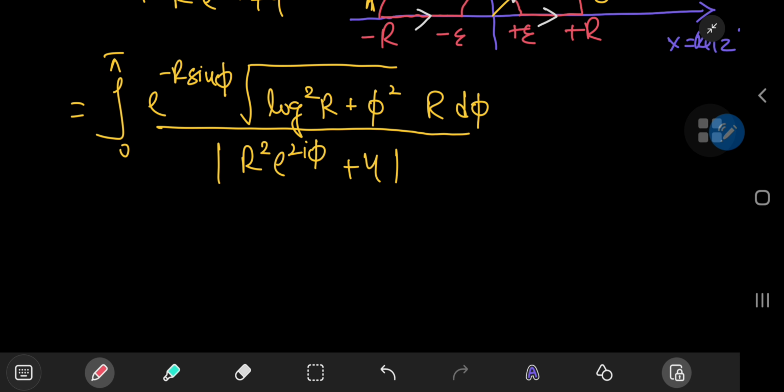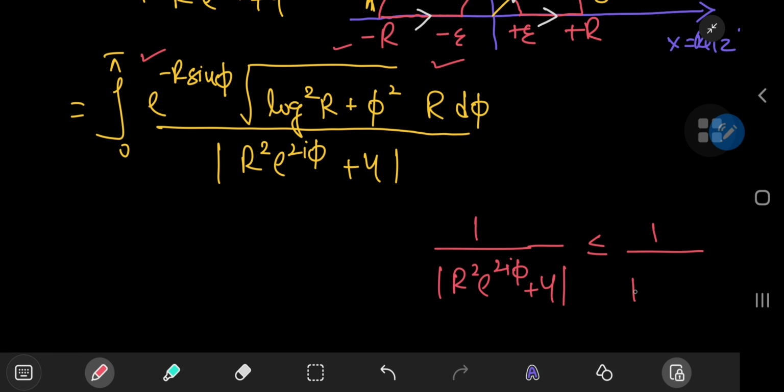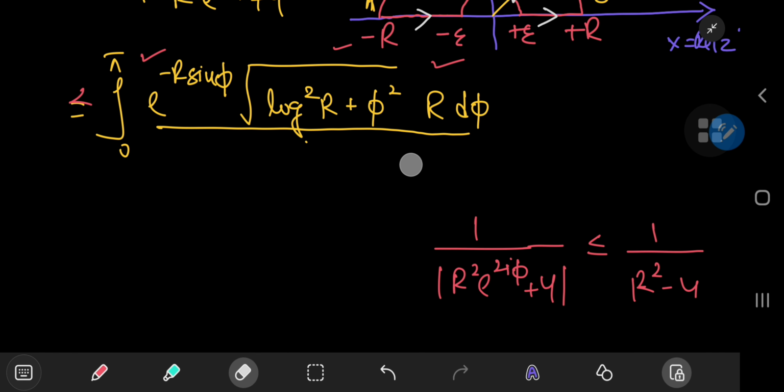But no worries. The good news is that everything in the numerator is a positive real number. So that means we can make use of the fact that the reciprocal of the modulus of r squared times e to the 2i phi plus 4 is less than or equal to 1 by r squared minus 4. So again, replacing the equality by this inequality, we have r squared minus 4 downstairs.